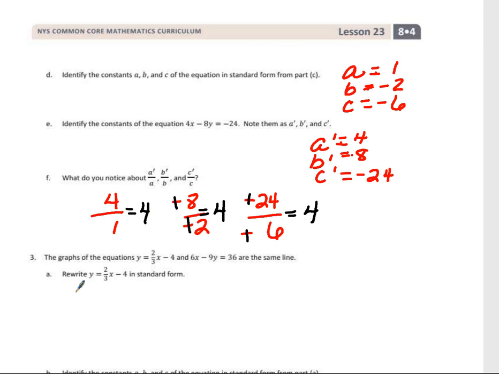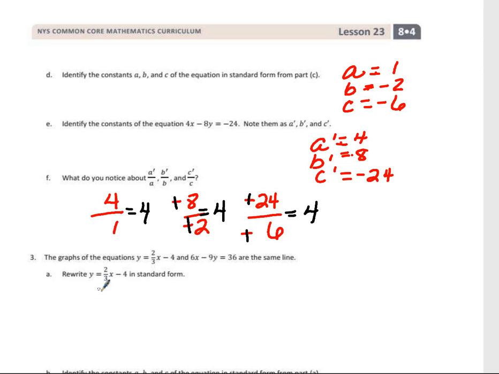Number 3, it says the graphs of the equations y equals 2/3 x minus 4 and 6x minus 9y equals 36 are on the same line. Rewrite this one in standard form. Well, we didn't even have to worry about them being on the same line.